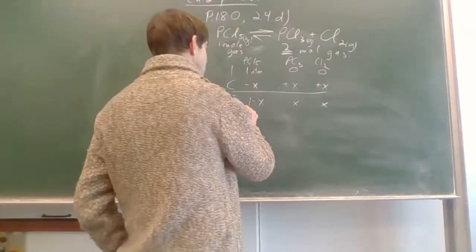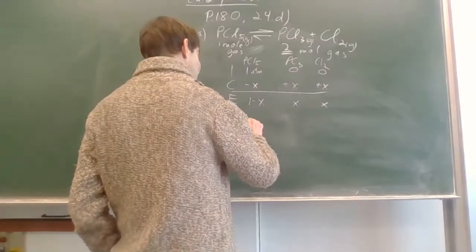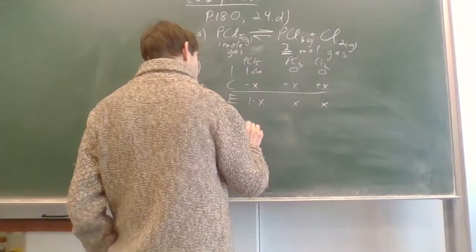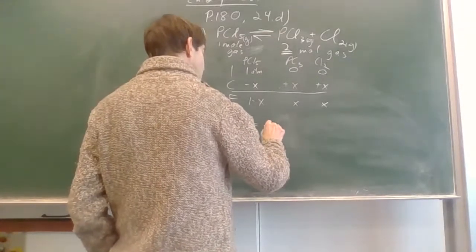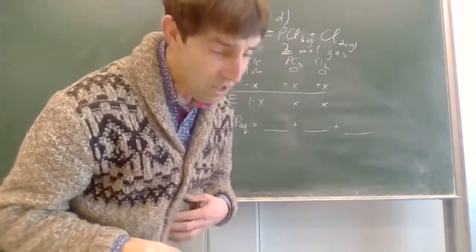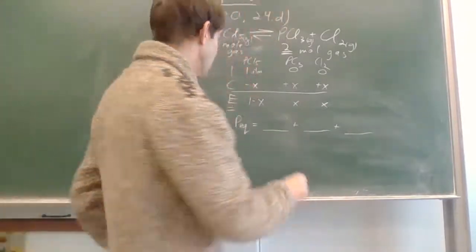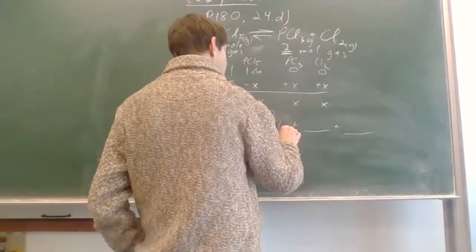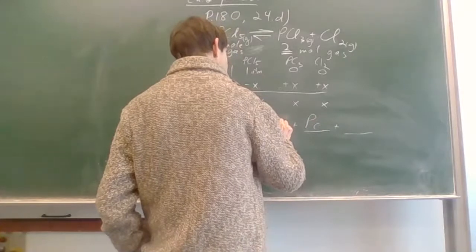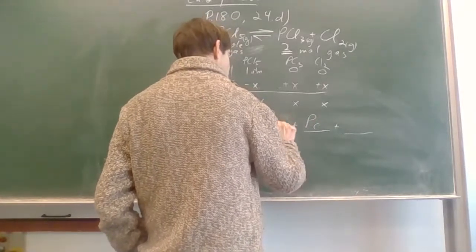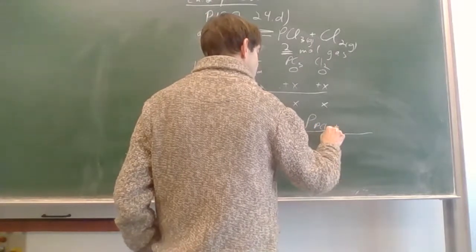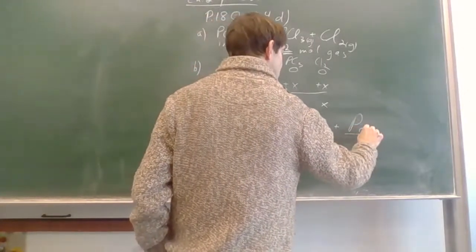I can say that if I look at equilibrium, if I add up all these, I get the pressure of PCl5 plus the pressure of PCl3 and the pressure of Cl2.